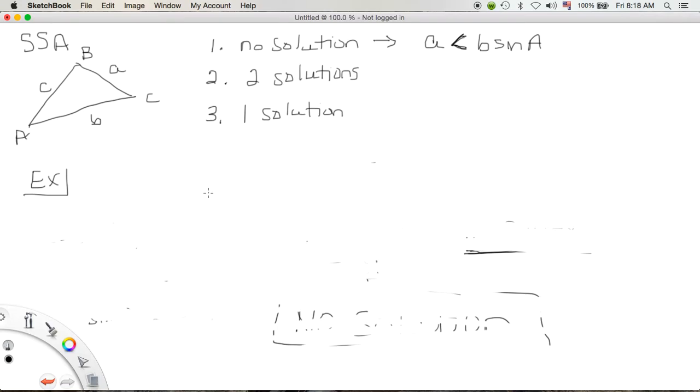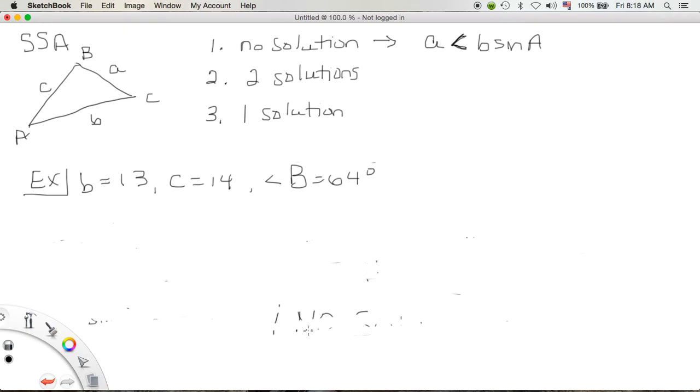that b equals 13 and c equals 14 and angle B equals 64, then we have a triangle we can draw in and look at the height again.